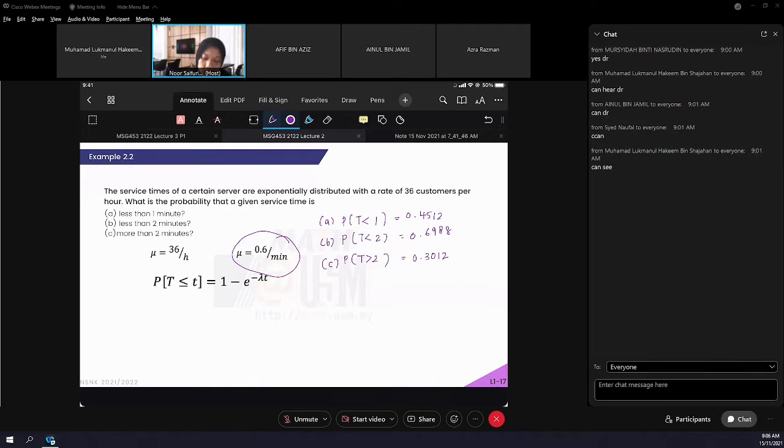Okay, so for continuous, I want to ask you, what is the probability of t equals to 1 for continuous distribution? What is the probability of t equals to 1? Anyone?